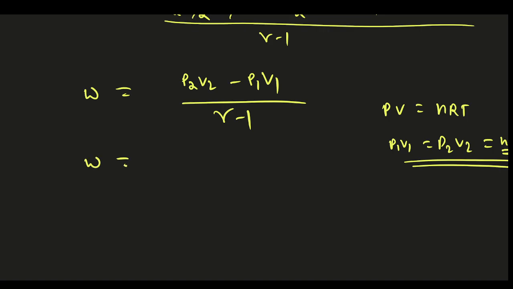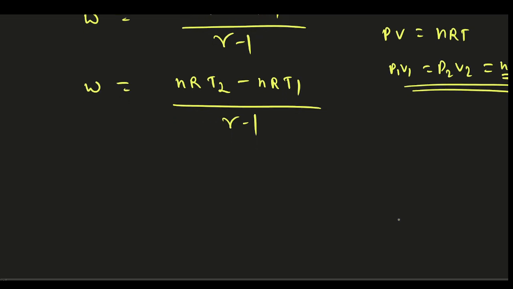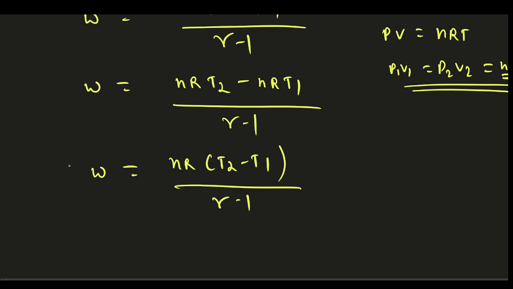So W equal to nR, for P2 V2 I can put nRT2, and for P1 V1 I can put nRT1, over gamma minus 1. So I can say W equal to nR (T2 minus T1) over gamma minus 1.